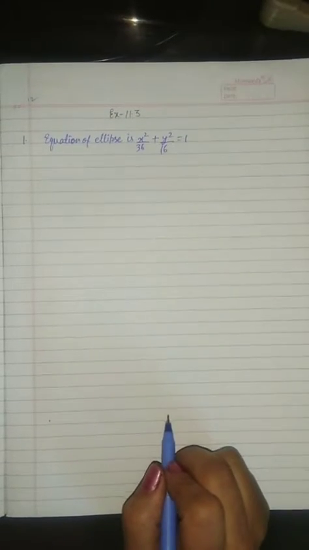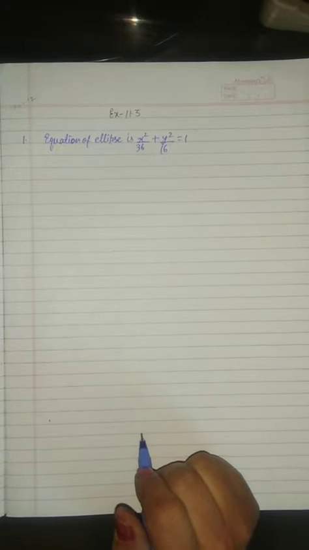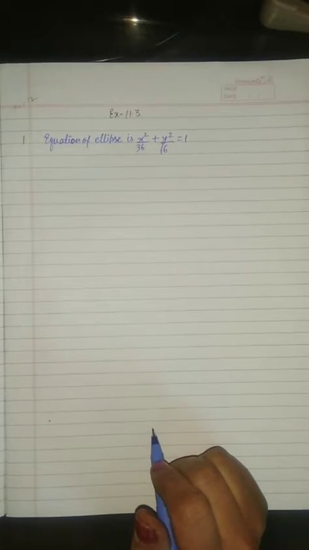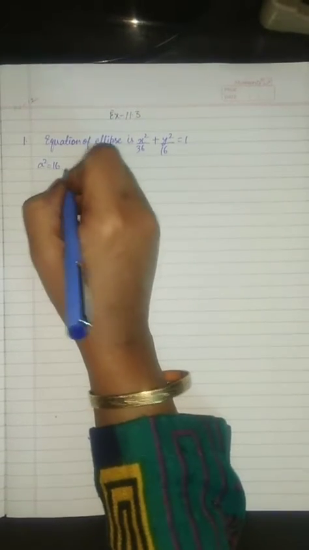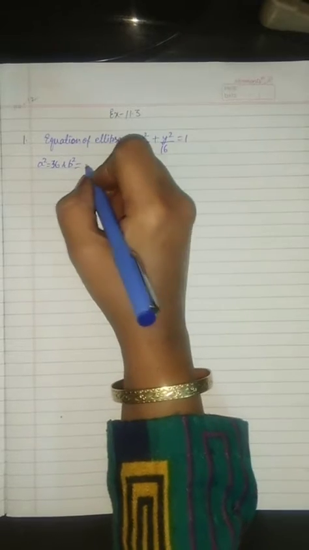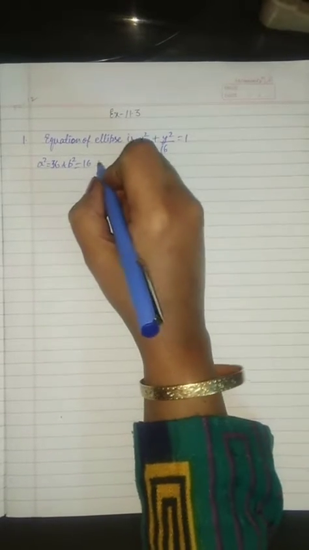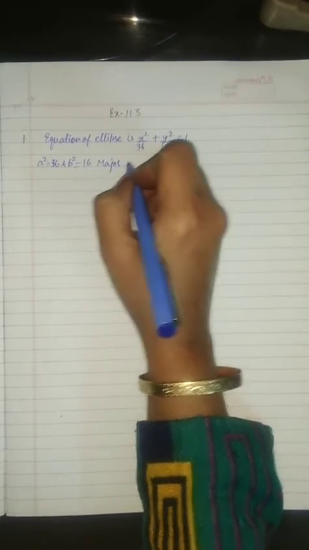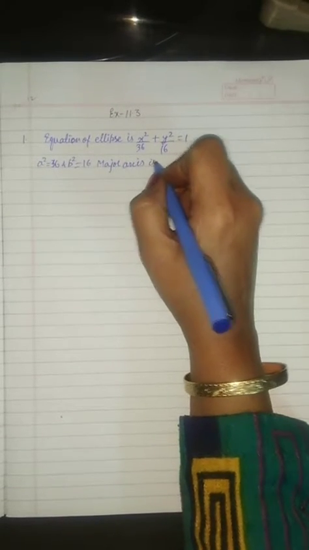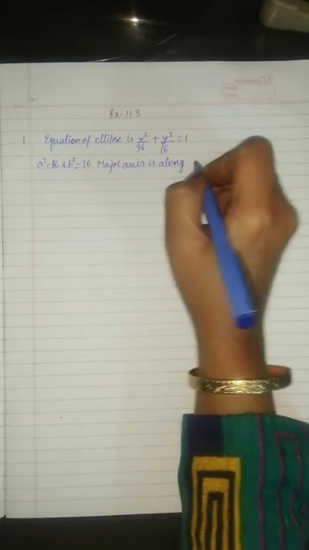Comparing it with the equation of ellipse x square upon a square plus y square upon b square is equal to 1, we get a square is equal to 36 and b square is 16. So the major axis of the ellipse is along the x-axis.